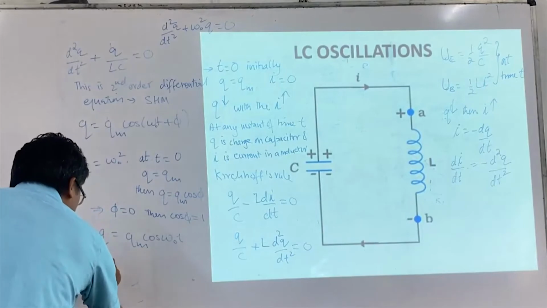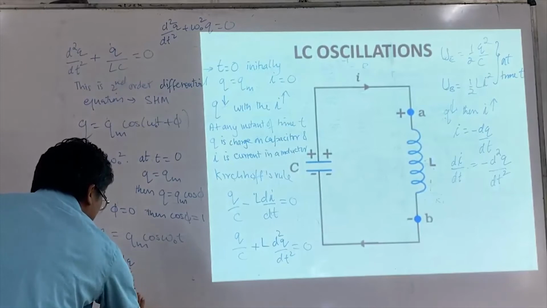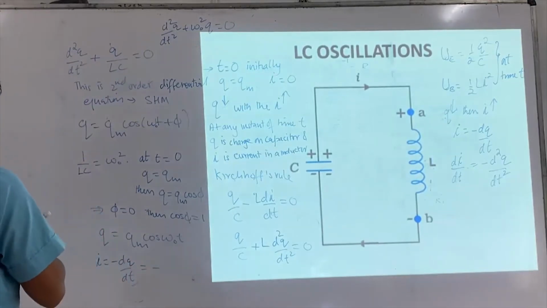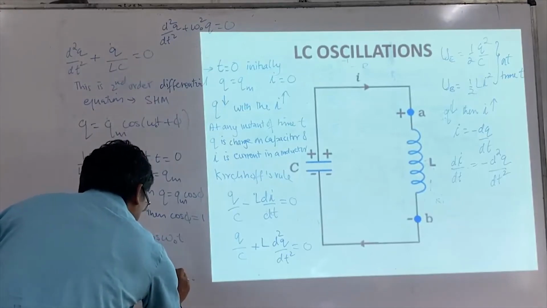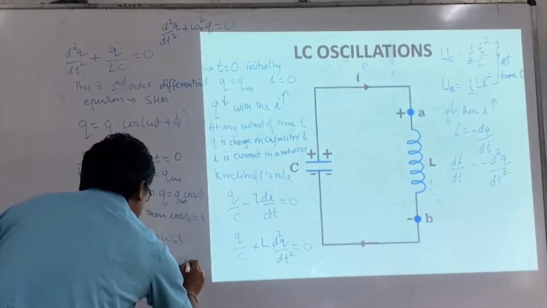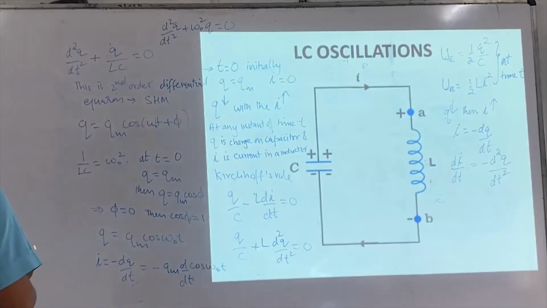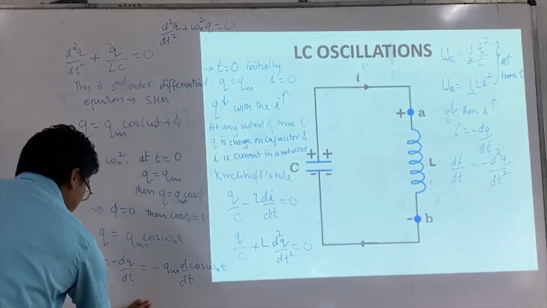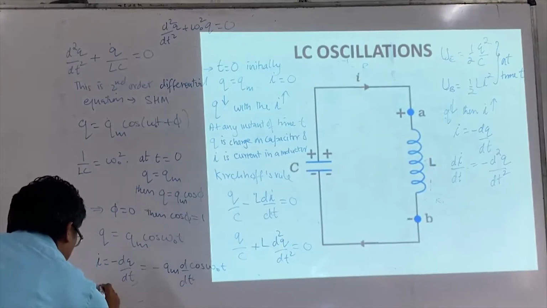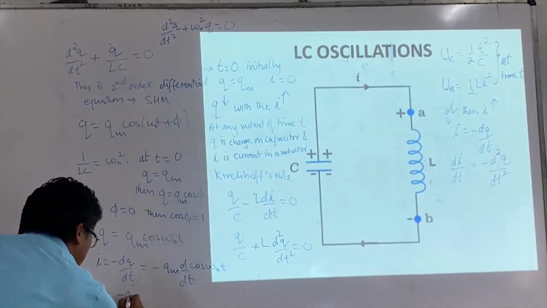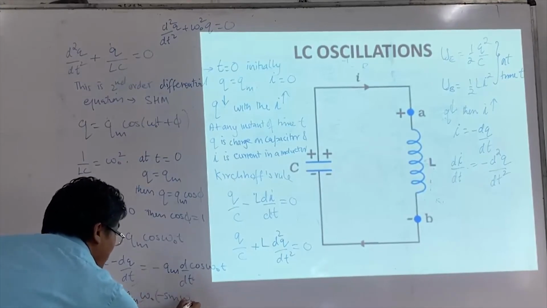The instantaneous current is going to be minus dq by dt, which is minus Qm times minus omega naught sine omega naught t.